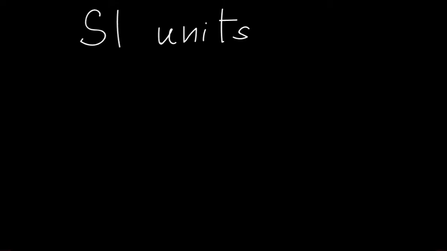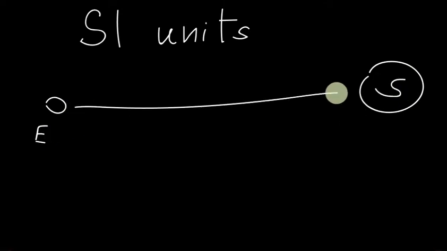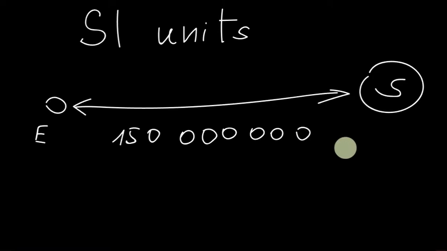Moreover, base SI units are not always practical to use when measuring extremely small or large physical quantities. For example, the distance between the Earth and the Sun is equal to about 150 billion meters.